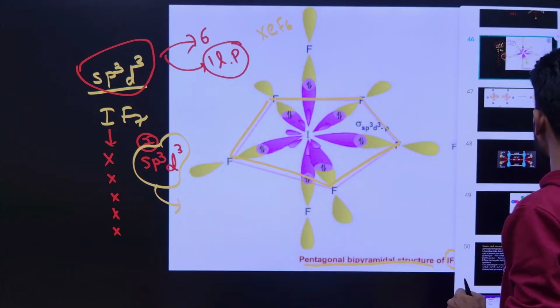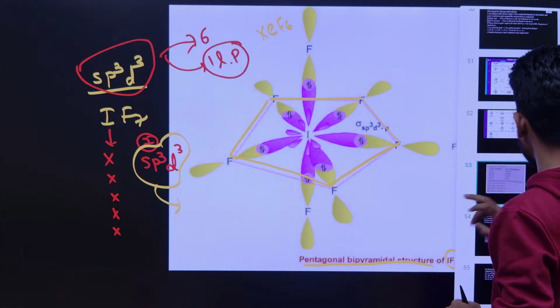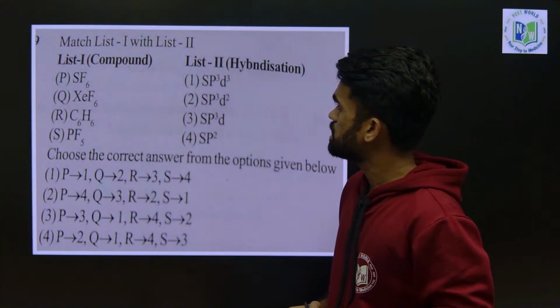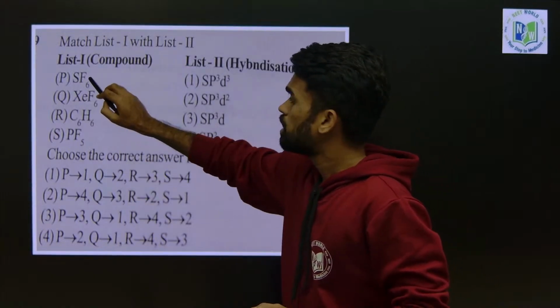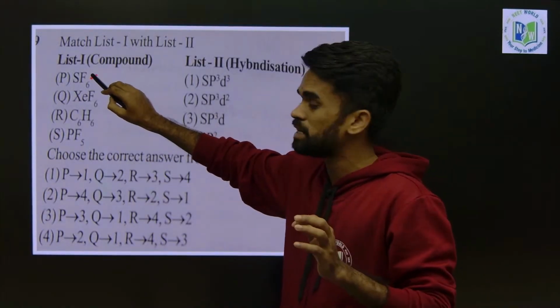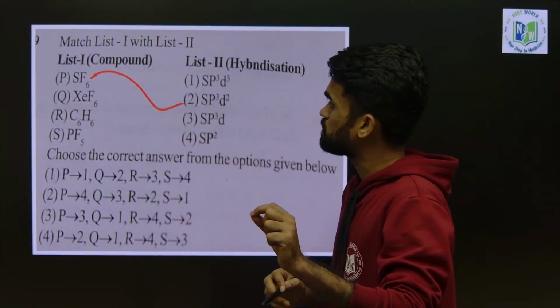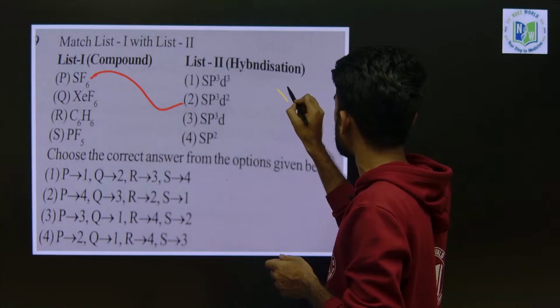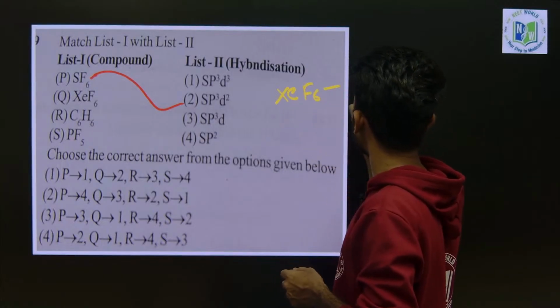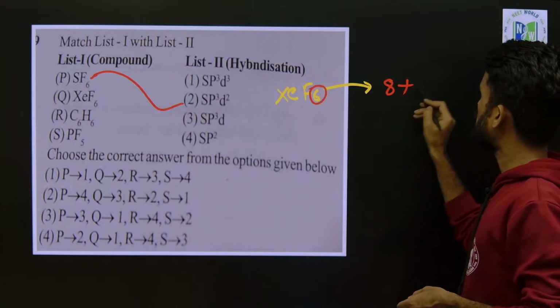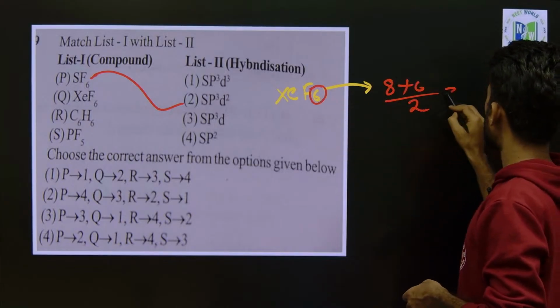Now let us see some questions for understanding purpose. Look at this SF6. Just now I told you SF6 is octahedral, sp3d2 hybridization. And XeF6, I have given the example also: xenon 8 plus surrounding monovalent atoms 6, by 2 gives 7.